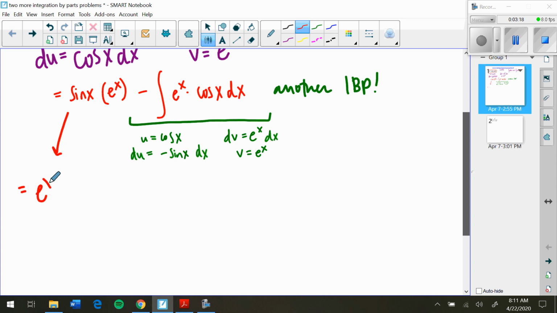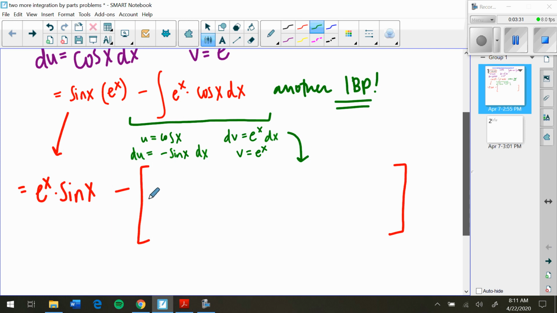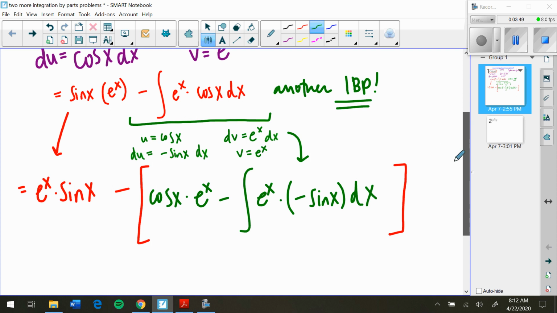So we have e to the x times sine of x minus, and I'm going to put this in big brackets just to say we are now doing this second integration by parts using this piece. So u, cosine of x, times v, e to the x, minus the integral of v, e to the x, times du, negative sine of x dx.